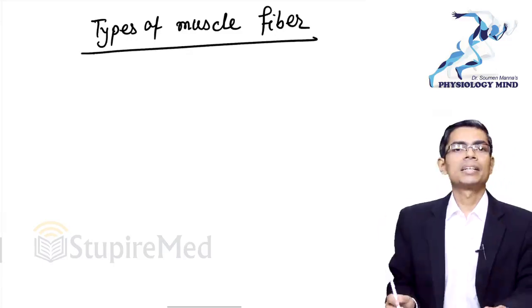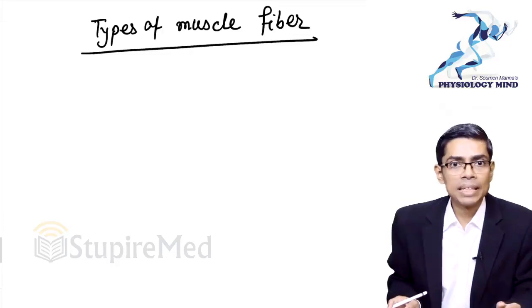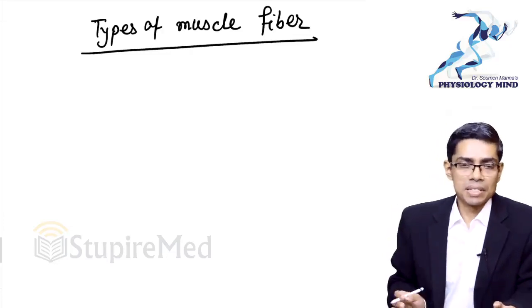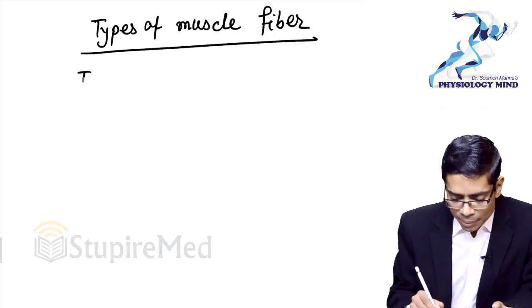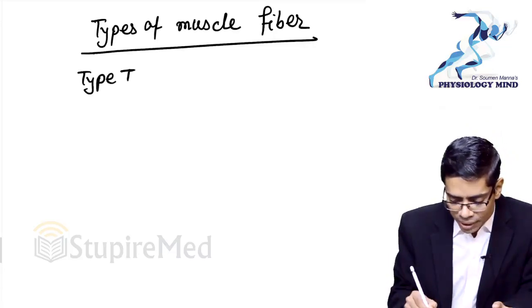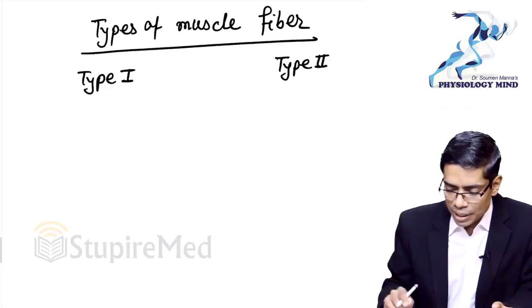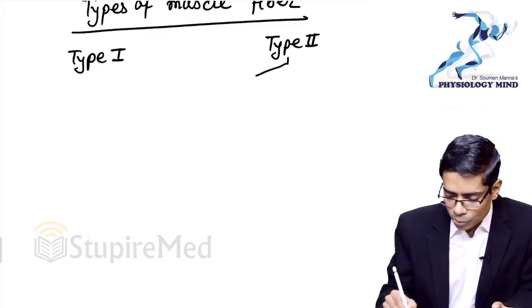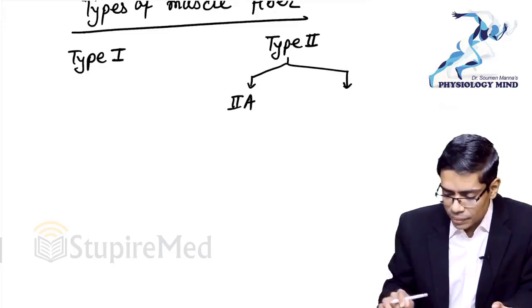In our body, we all know red muscle fiber, white muscle fiber, this type of name you have heard. So that we are going to discuss basically here. Muscle fibers are of two types, type 1 and type 2. Type 2 again is divided into two, 2A and 2B.